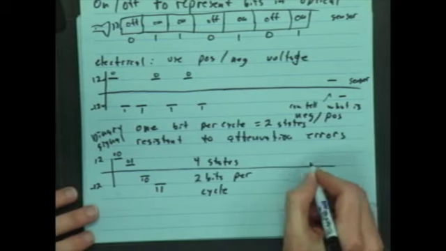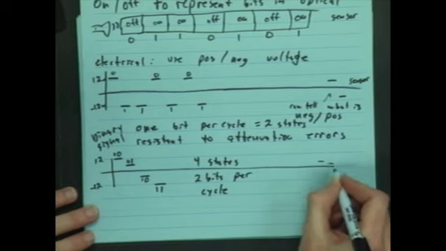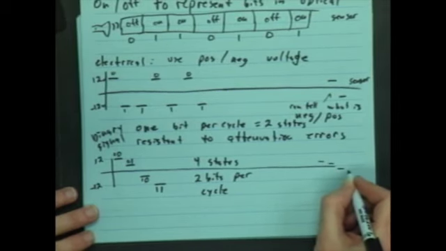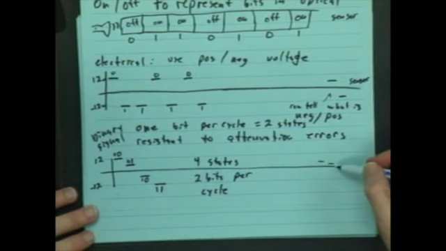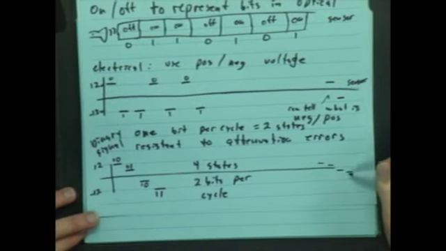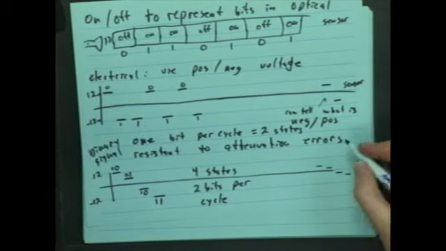But now think about when I get out here. Now my receiver has to tell the difference between 1.5 and 0.75, or minus 0.75 and minus 1.5. I don't remember what I said, but anyway, it's harder to tell.